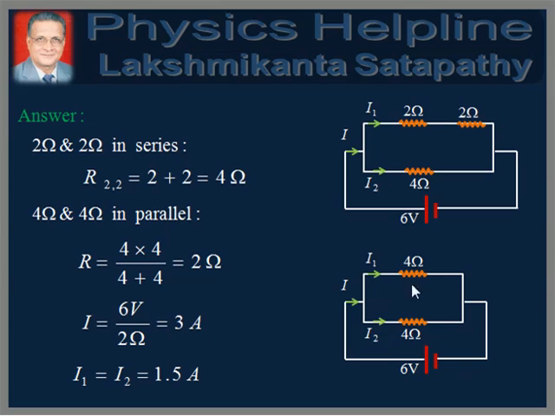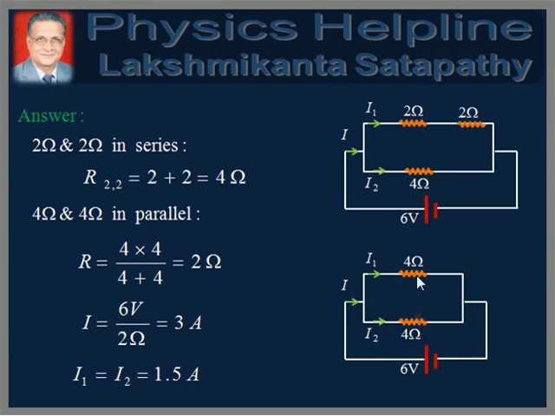Now we observe that current I is divided between the 2 branches, I1 and I2. I1 flows through the upper branch, which is 4 ohms resistance, and I2 flows through the lower branch, which is also equal to 4 ohms.